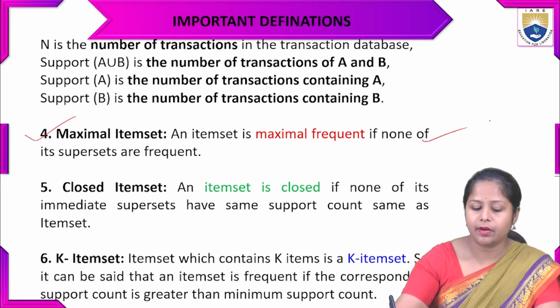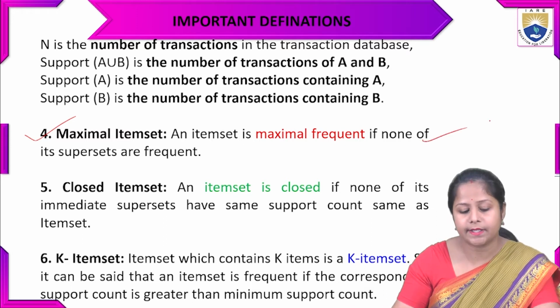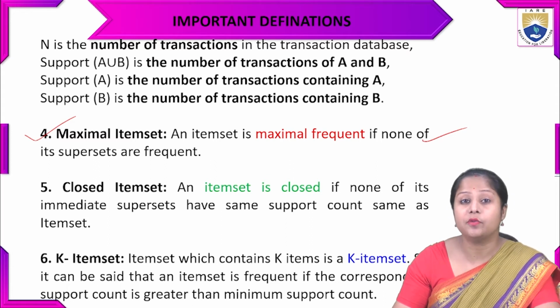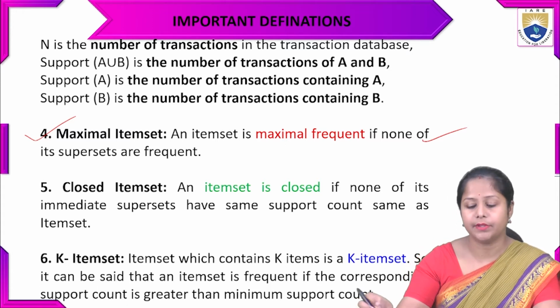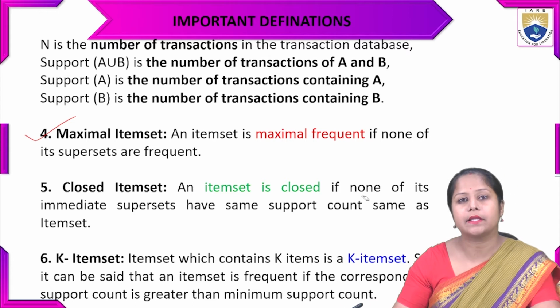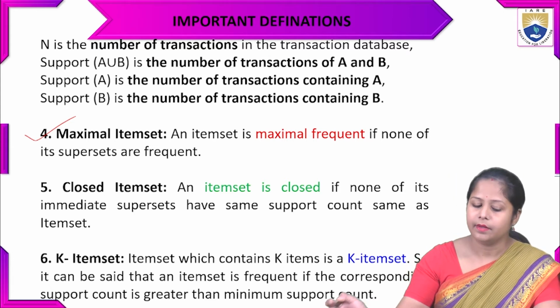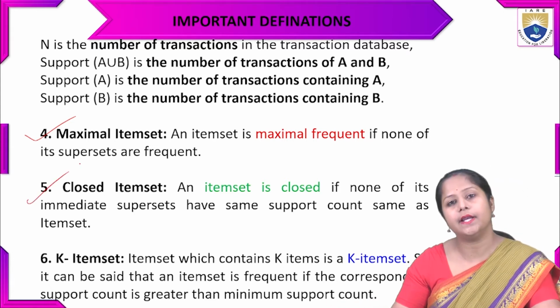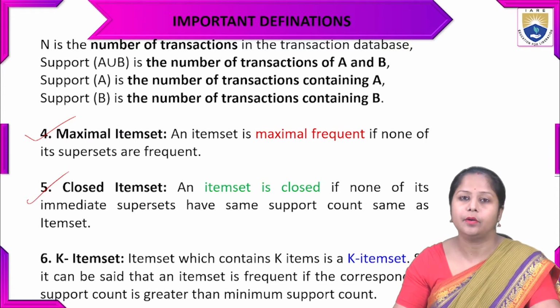If none of its supersets are frequent, even though the items in the item set are frequent, we call it a maximal item set, right?